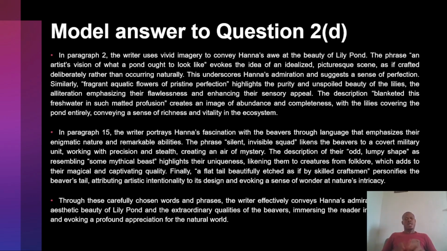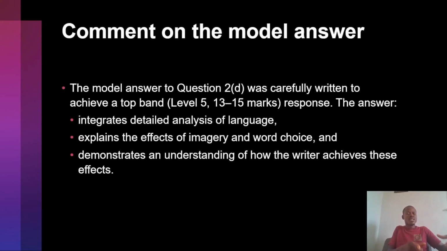So the next thing I want to talk about, because we're already getting close to the end of our class, and before we go there, I would like to explain to you what makes this model example a top scoring model. That is a model or a typical answer that could give you 13 to 15 marks. All right.